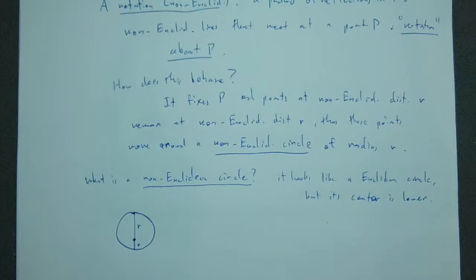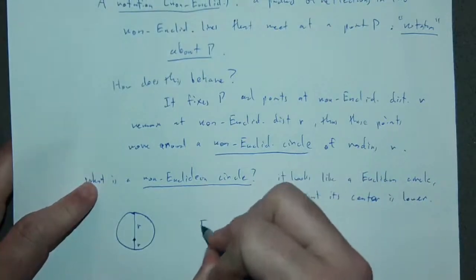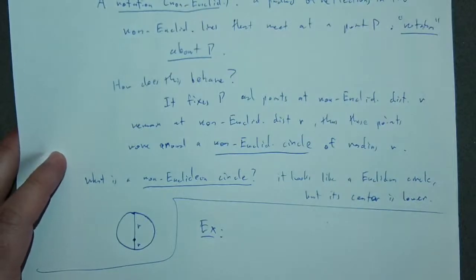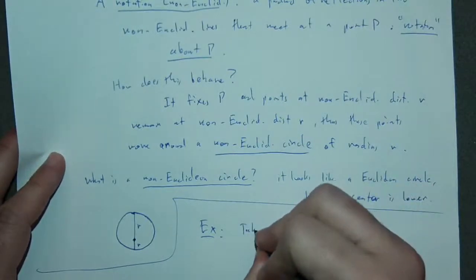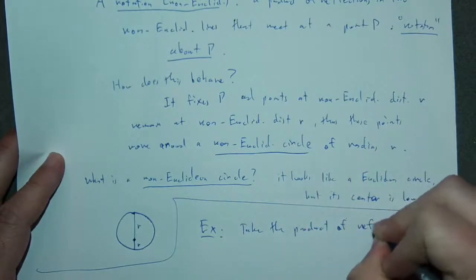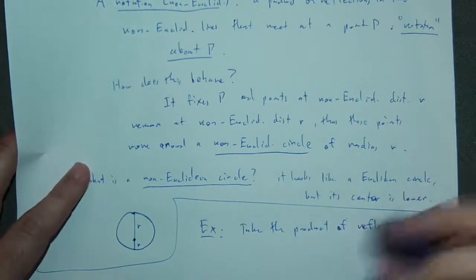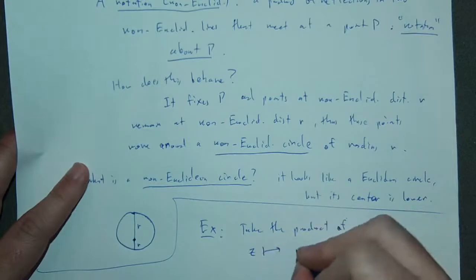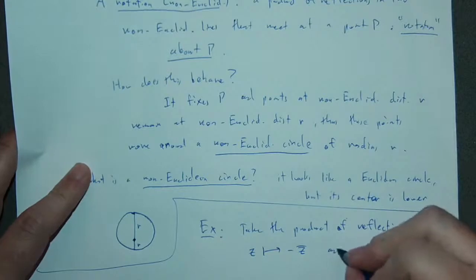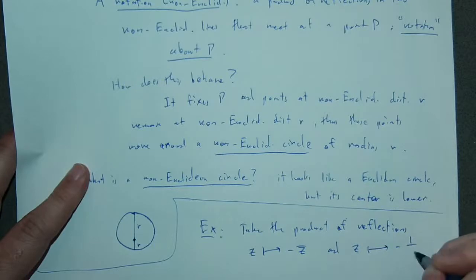And so as an example, not of a non-Euclidean circle, but of rotation, take the product of reflections, that is, z getting sent to minus z bar and z getting sent to minus 1 over z bar.